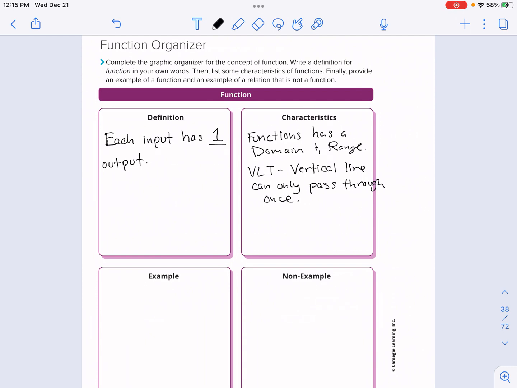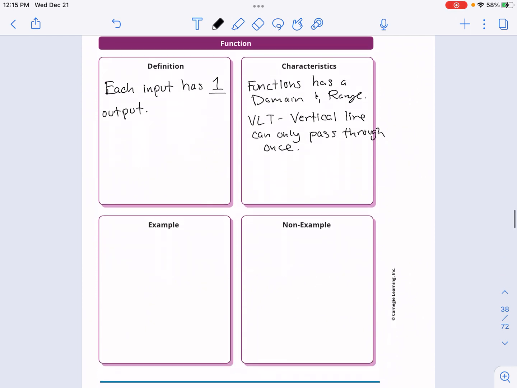So we'll put one of a graph. Let's put quadrant 1 of a coordinate grid. So an example of something that is a function is like this right here. Actually, let me put that in red. Okay, like that. If I have a vertical line, it would only pass that red part only once, so that is a function.